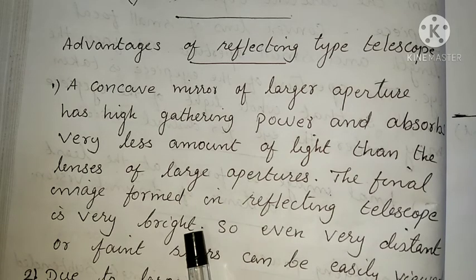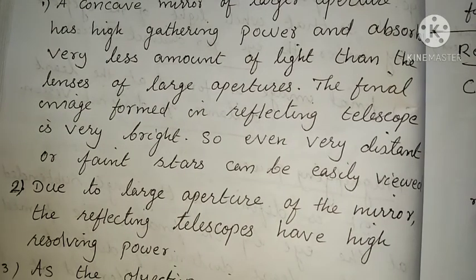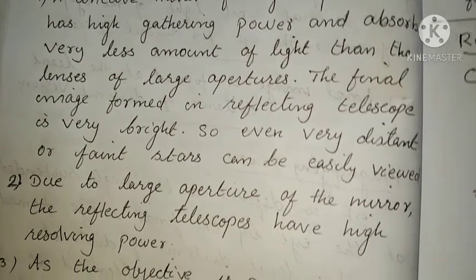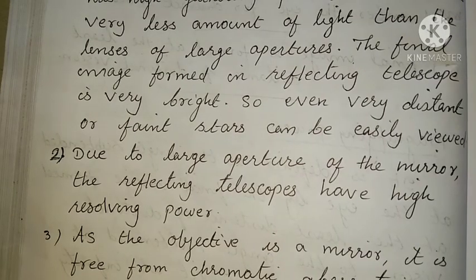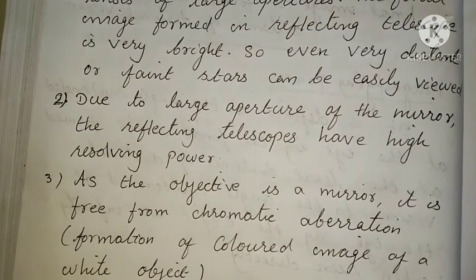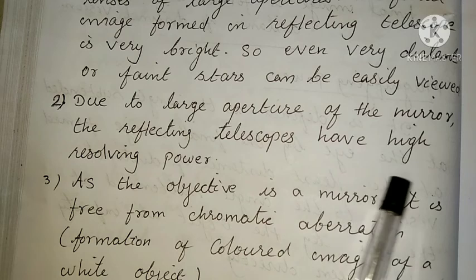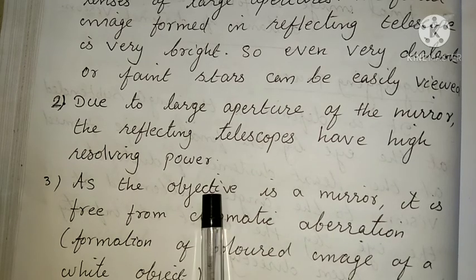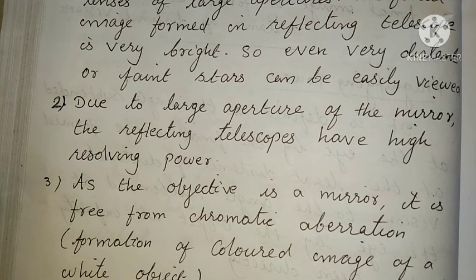So the final image formed in a reflecting telescope is very bright, so even very distant or faint stars can be easily viewed. That is the first advantage. Second advantage, due to the large aperture of the mirror, the reflecting telescope has high resolving power, and we get a very bright image.